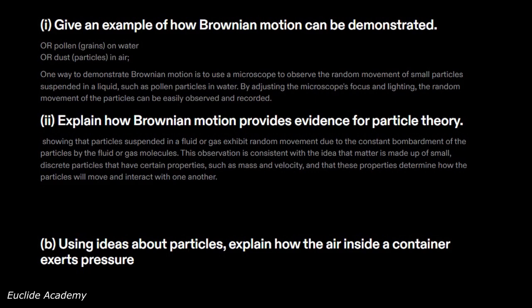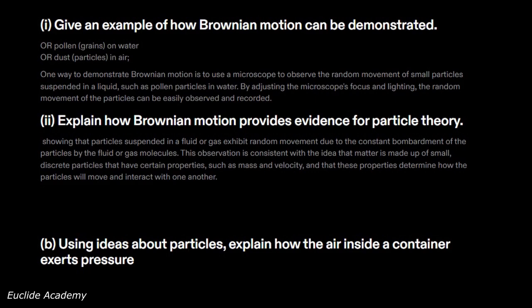Number one is that the particles suspended in the fluid or gas exhibit randomness due to constant collisions with the molecules of the gas or the fluid. And number two, they are made up of tiny molecules, which are actually invisible, but have properties such as mass and velocity.